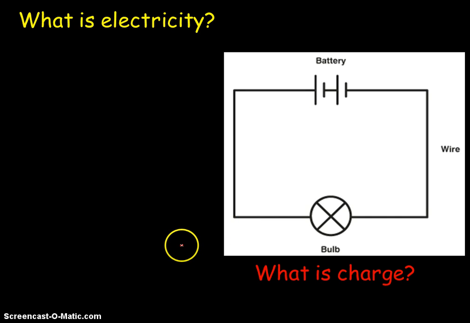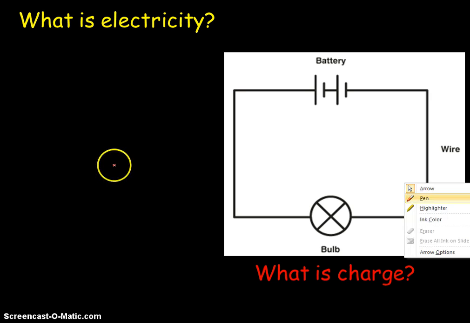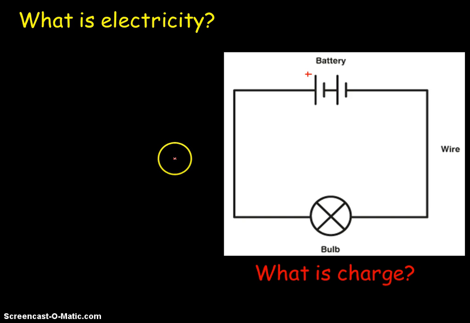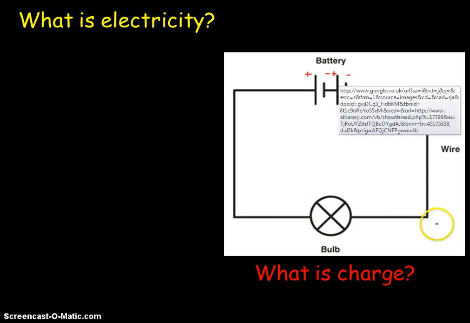So D must also be 0.3. B again must also be 0.3. So we know we've got 0.3 going there, we've got 0.3 coming there, so that means that C must be 0.6, and again we've got 0.6 coming that way, 0.3 coming down here, so A must be 0.9 amps, which must be the total current, and you can check the answers there.